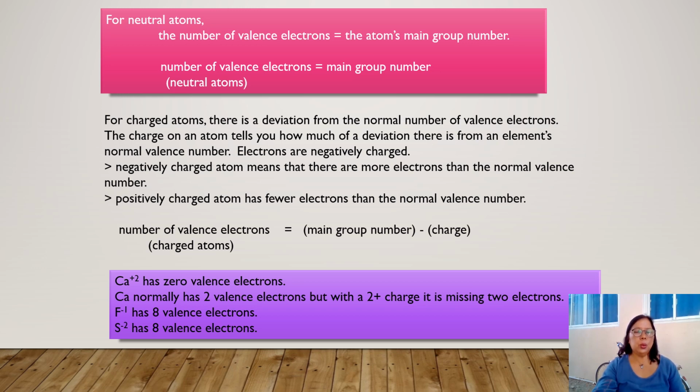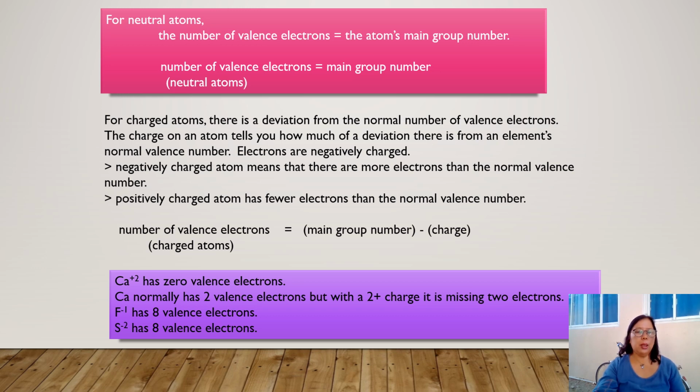Calcium normally has 2 valence electrons, but with the charge of plus 2, it is missing 2 electrons. So 2 minus positive 2 makes it 0.